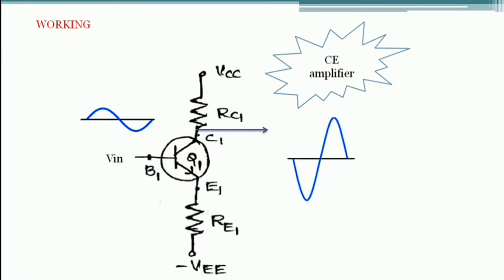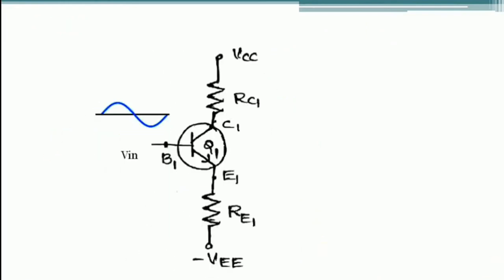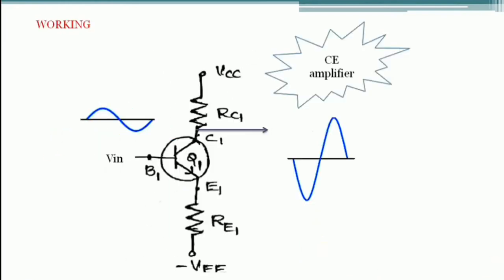So this is our input signal, that is a weak signal, and we are observing the output at the collector terminal, since this circuit we can call a common emitter amplifier circuit. From the basic definition or from the analysis, we know that it will definitely provide amplification at the output, but with a 180 degrees phase shift between the output and the input.